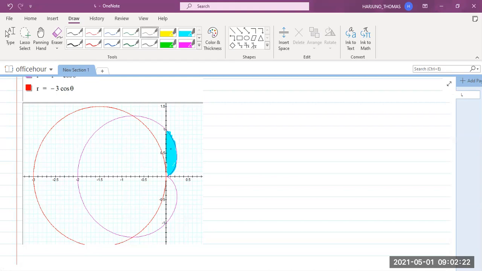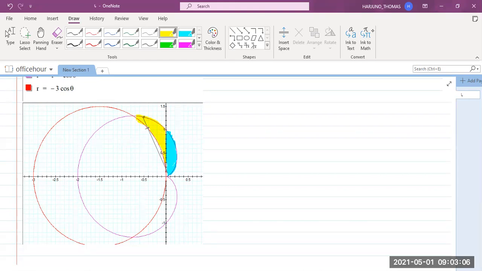Once I get into the second quadrant, every time I shoot in theta direction, it will intersect the red one. So in the first quadrant, we only have the second curve, but in the second quadrant, it's bounded below by the red one. You see that?